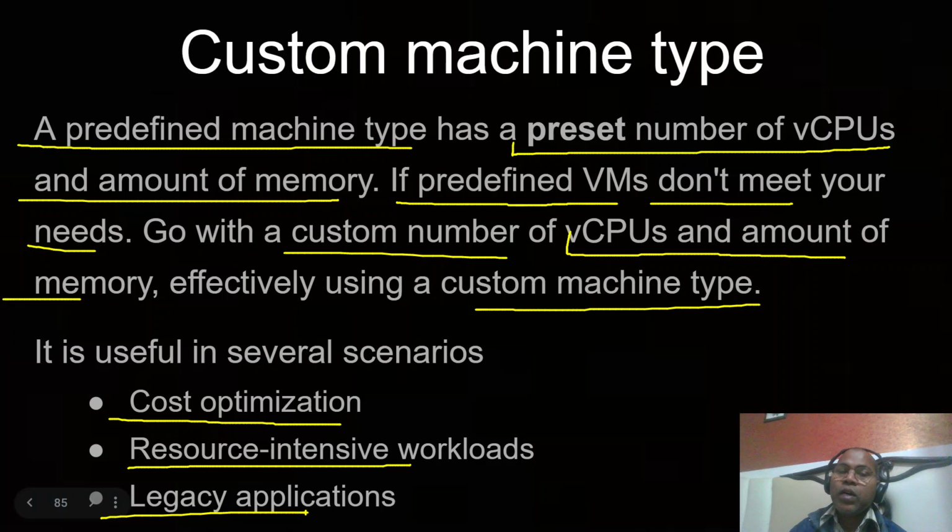But please be careful: you are setting the ratio between the number of virtual CPUs, the RAM and storage, so you have to be well aware of the pricing, what cost you have to pay for these machine types.